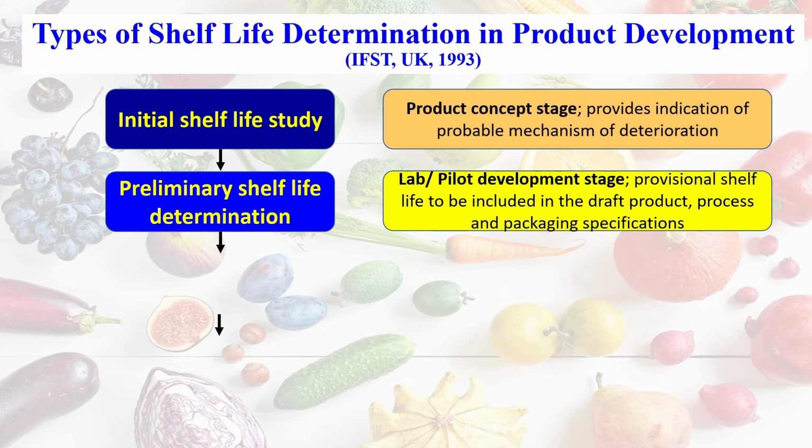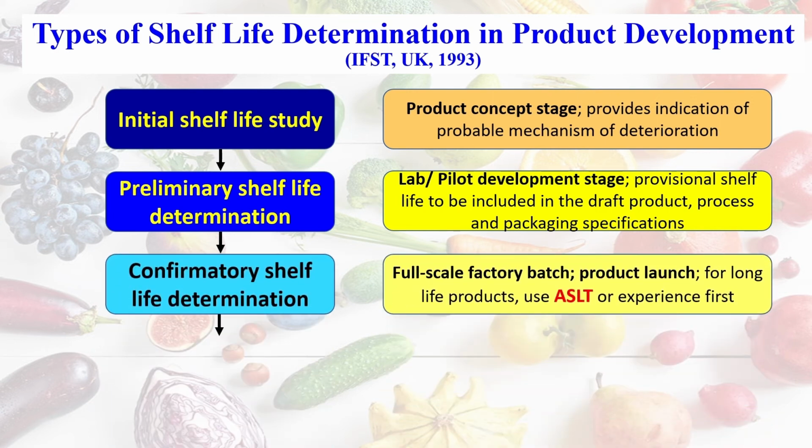The provisional shelf life is to be included in the draft product, process, and packaging specifications. Then we have the confirmatory shelf life determinations during the full scale of factory batch or product launch. And do remember, only for the long life products, we're going to use ASLT or experience.